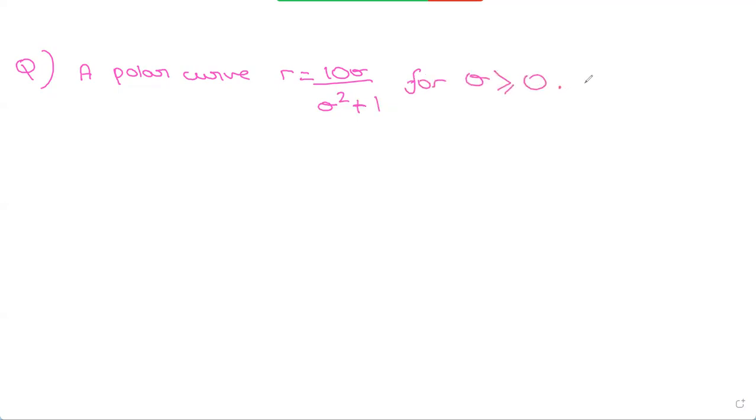Now let's look at one more question. They have given us a polar curve r is equal to 10 theta over theta squared plus 1, for theta greater than or equal to 0.